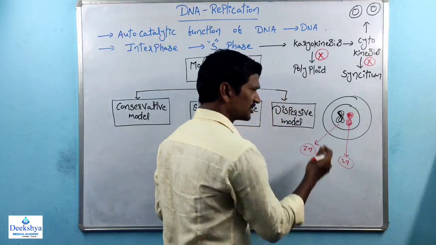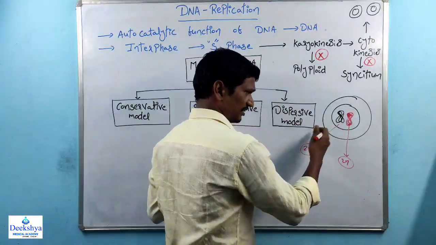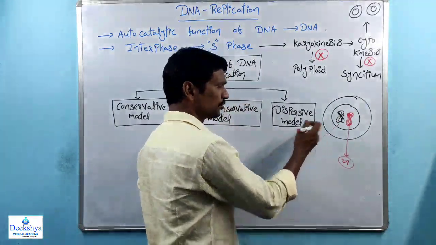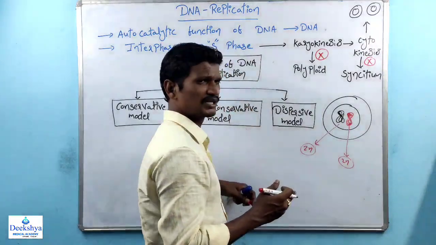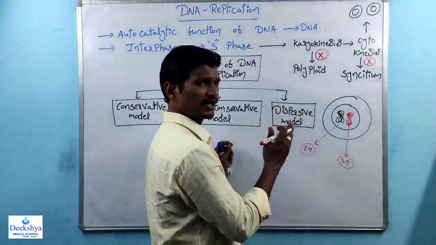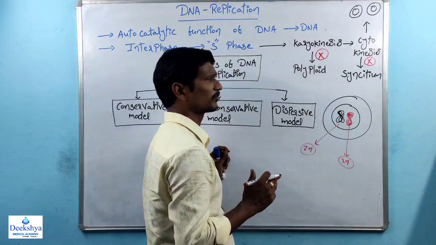If the division takes place, one cell gets the 2n state, one set of chromosomes, and the other 2n state genetic material enters the other cell. Then one cell divides into two cells. So there is no problem if the cell division takes place.